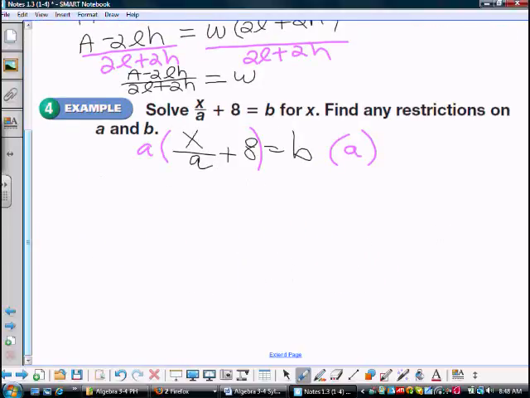How can I isolate the x? Yes. Multiply both sides of this equation by a. So I get a times x divided by a. The a's get to cancel, and I get x plus a times 8 is 8a equals a times b, or b times a, however you want to write it. Now I need the x. What do I do to get the x?